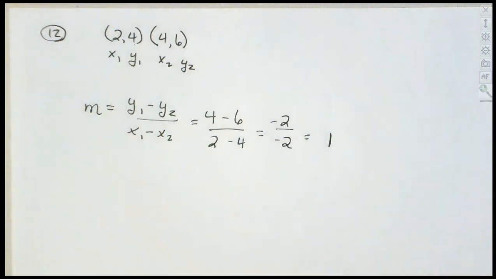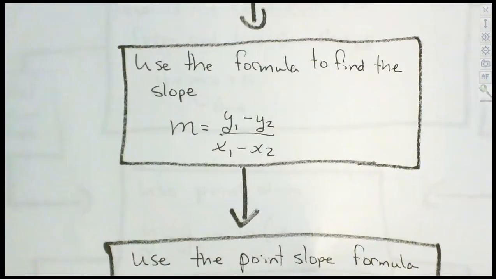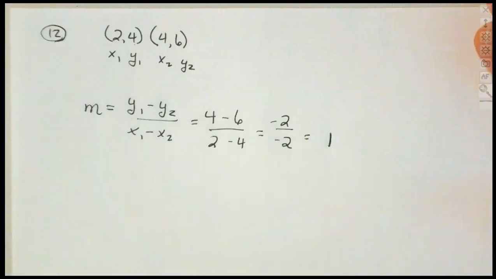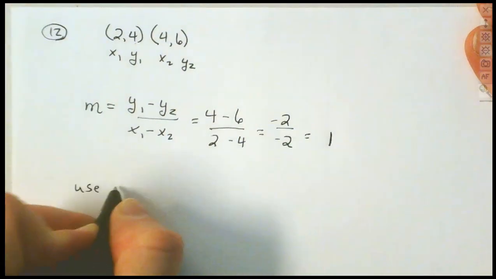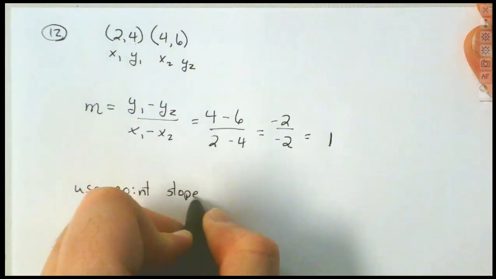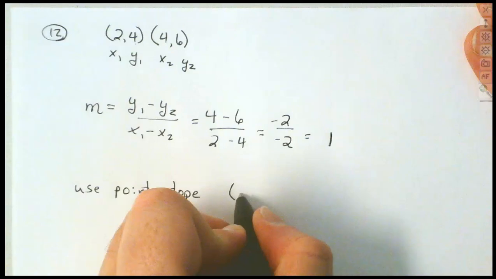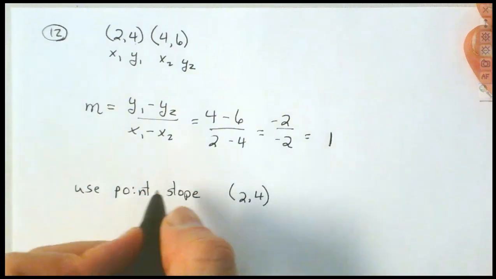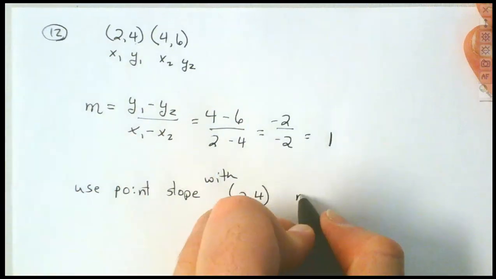So that's going to be our slope there. Now, what do we do after that? Okay, look at our flow chart. We were here. We found our slope. What do we do? Point slope. So now we use our slope, which is our m. So we've got the point. It doesn't matter which set of points we use. Let's just use the first one, 4, 6. And we're going to use that with our slope of 1.